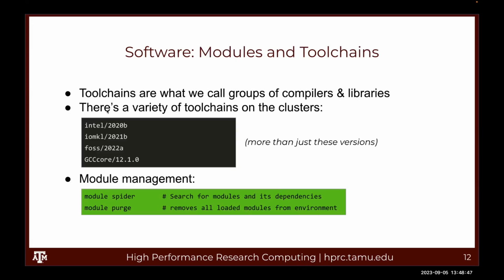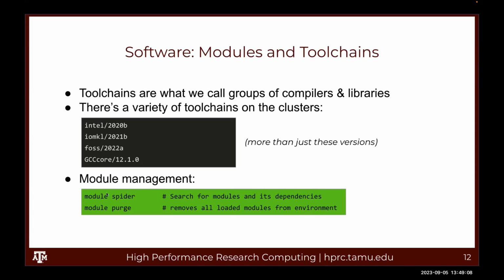All right, so next up we have toolchains. Toolchains are a collection of compilers and libraries, just multiple things that are loaded at once. There's a bunch of toolchains on the clusters. Here are some of them that are available just as examples. And if you load one of these, you can load multiple modules at once.